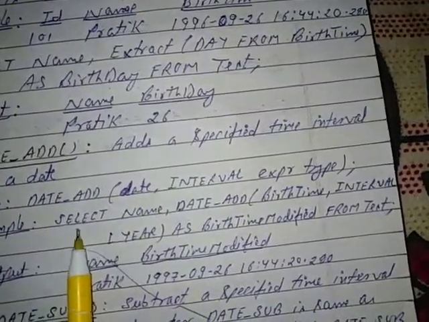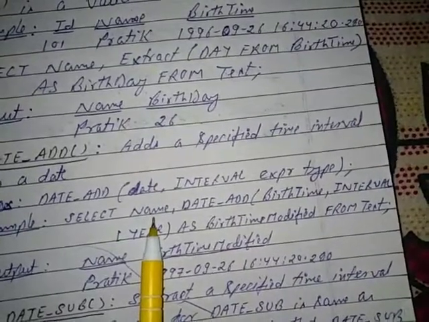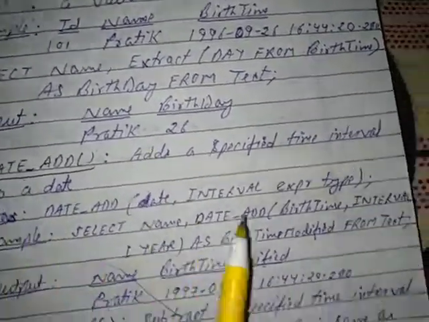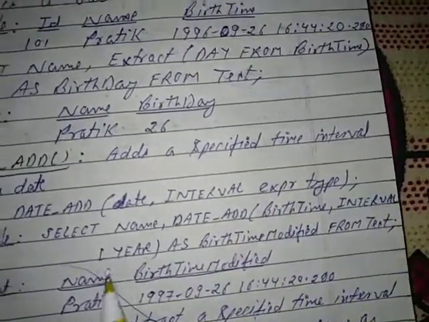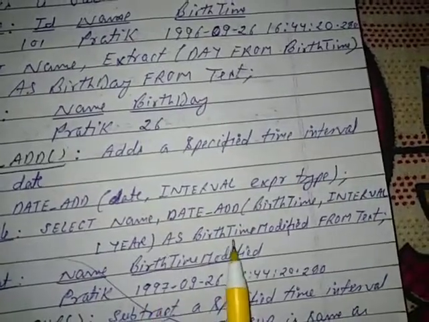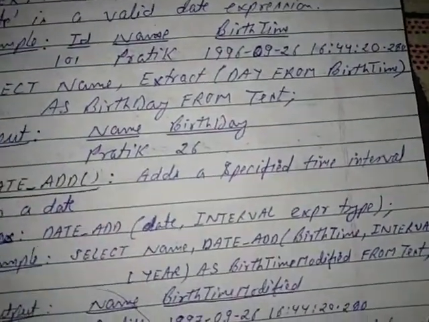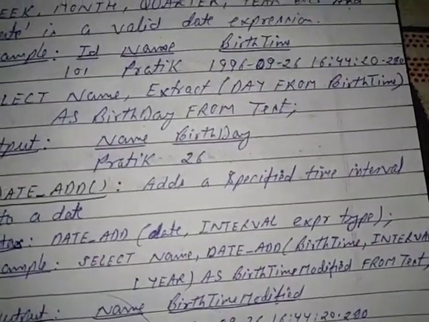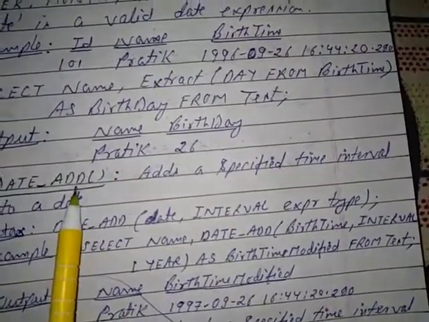Select name, from the database, by the use of the select command and the date add function. Birth time interval 1 year as birth time modified from test. When you want to add some time interval to a date and time, then we use the date add function.